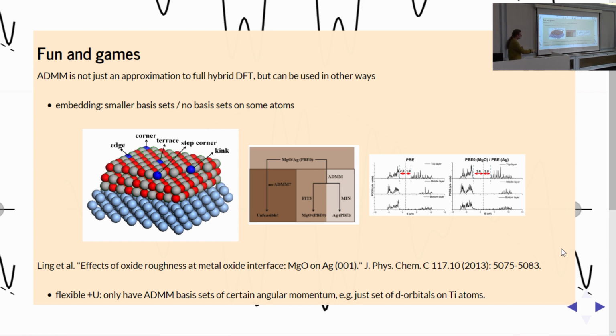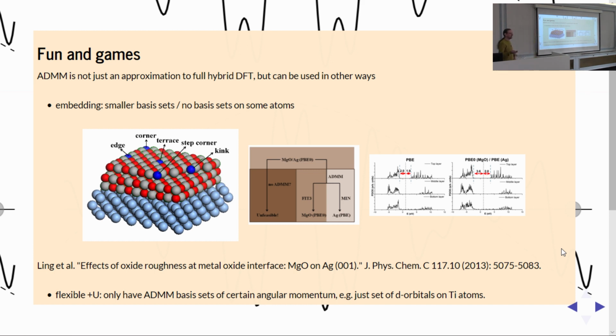And in principle, you can even go and do something a bit like plus U that I've not mentioned. It's another way of controlling the self-interaction error, but in specific orbitals of a material. And so you can in principle just put it on the d orbitals of titanium atoms or something if you like.